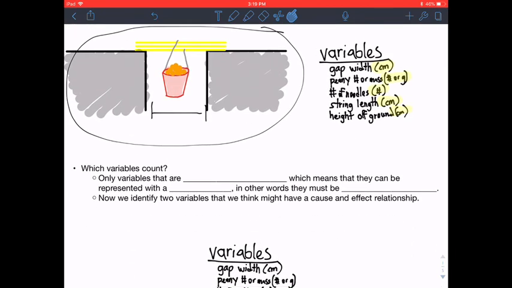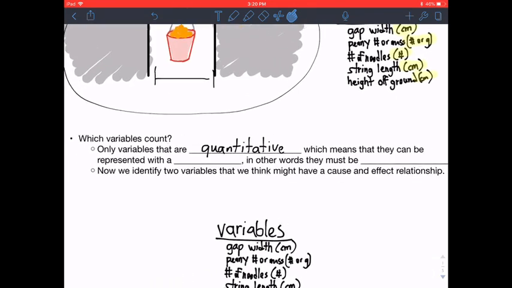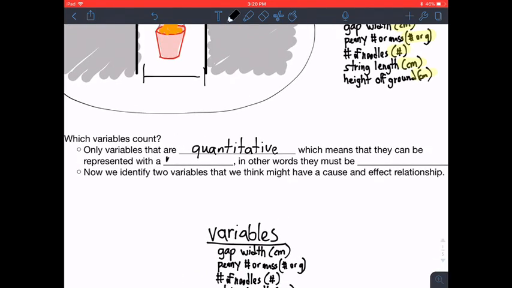When we're thinking about all the different variables, we then need to think about which of those variables count, because not all variables are created equal. So only variables that are quantitative, and quantitative means that they can be represented with a number. Only those variables count, okay?